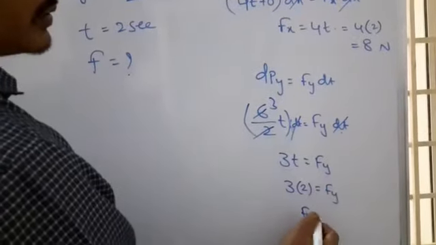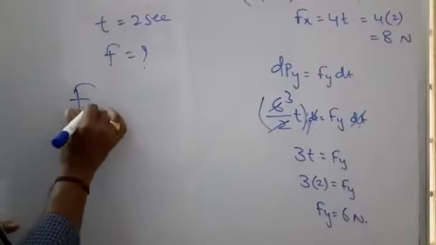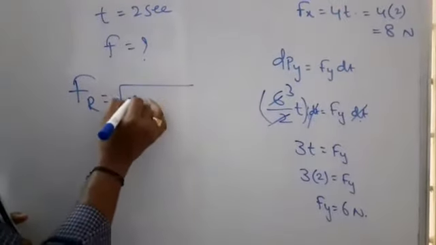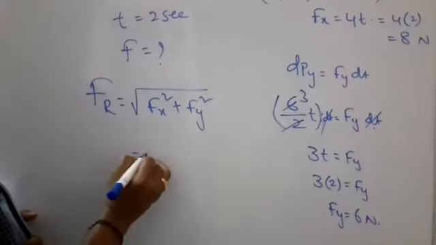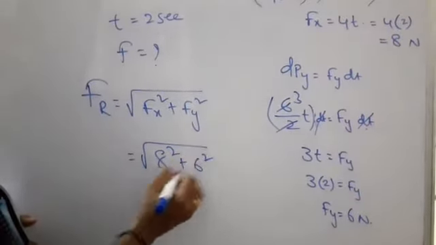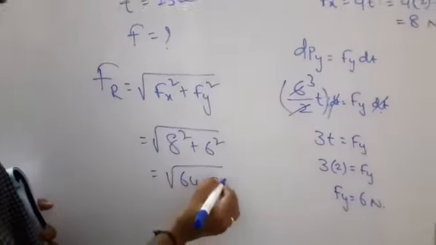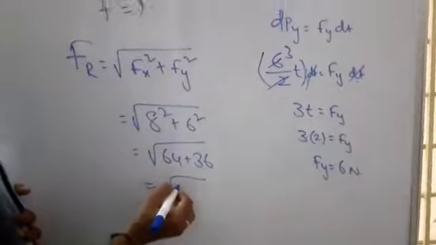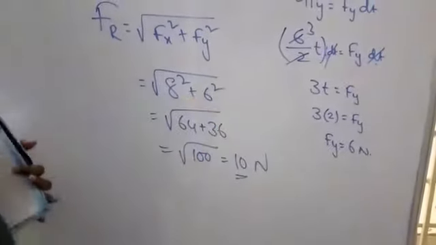Fy is equal to 6 newtons. Resultant force is equal to square root of Fx square plus Fy square. Therefore 8 square plus 6 square, that is 64 plus 36, equal to 100, that is equal to 10 newtons.